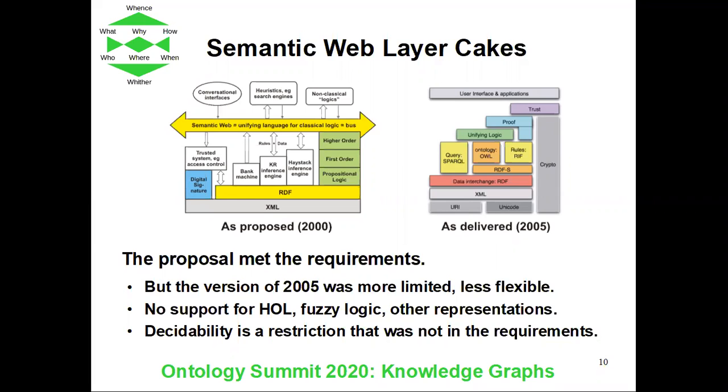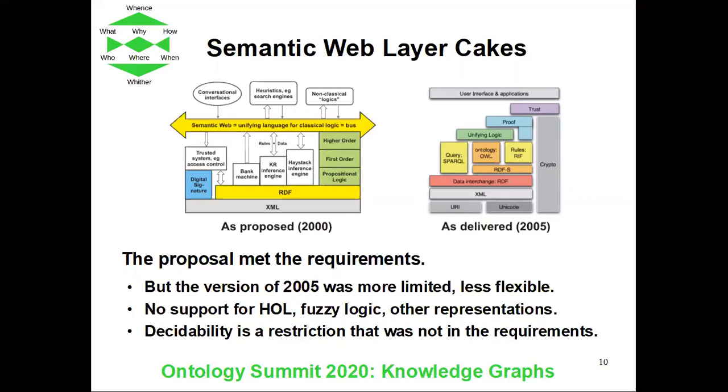But as the project continued, the version that was delivered in 2005 is a very drastic simplification of what Tim proposed in 2000. Tim had hoped to continue this and build up more, but the version of 2005 is really what people call the semantic web.